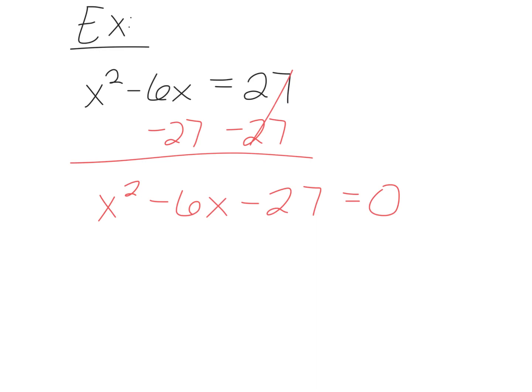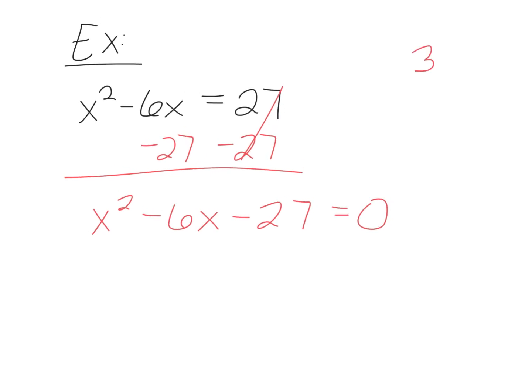Does everyone at least have the 2 numbers that we're working with? What are 2 numbers that add up to negative 6 and multiply to give you negative 27? Just give me the 2 positive numbers. 3 and 9. I agree. But can they both be positive? No. How many do we have to turn negative? One of them needs to be negative because of this negative 27.